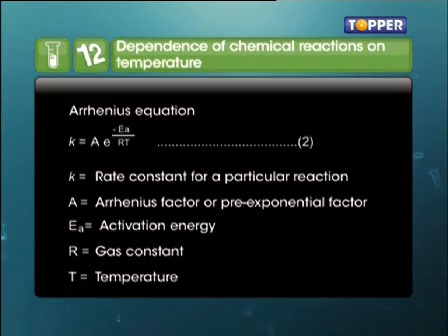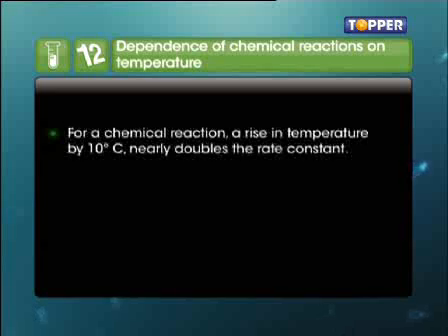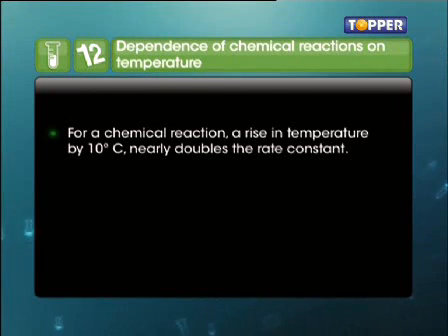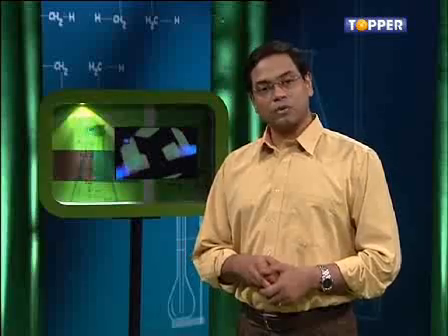Here, the reaction rate constant K is a measure of the speed of a chemical reaction, which depends on temperature. It has been found that for a chemical reaction with rise in temperature by 10 degrees Celsius, the rate constant is nearly doubled. That is, the reaction proceeds faster. Now you know why the rate of reaction goes up if you heat the reactant mixture.